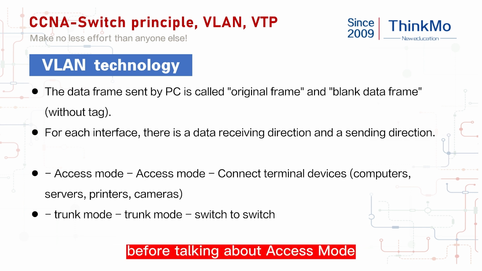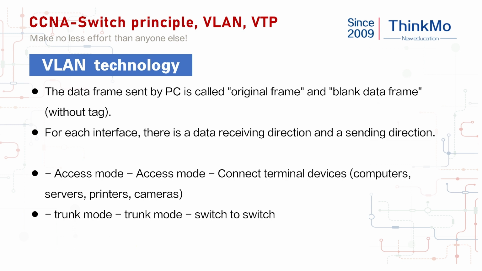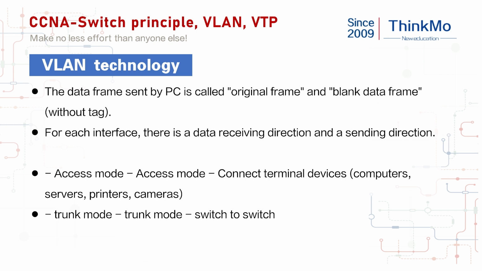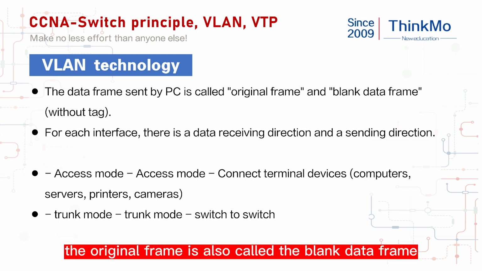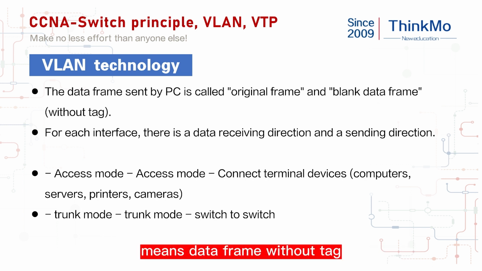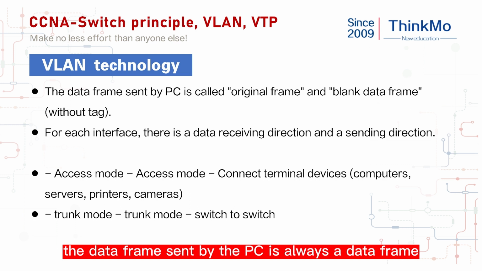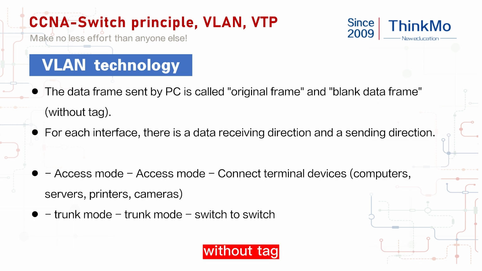Before talking about access mode, I should mention two other things. First of all, you need to know, the data frame sent by the PC is called the original frame. It has many names. The original frame is also called the blank data frame, meaning data frame without tag. The data frame sent by the PC is always a data frame without tag.